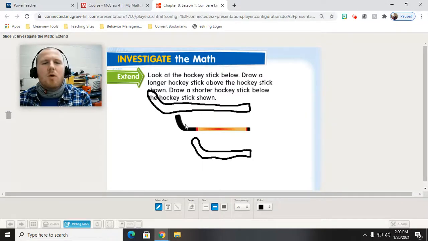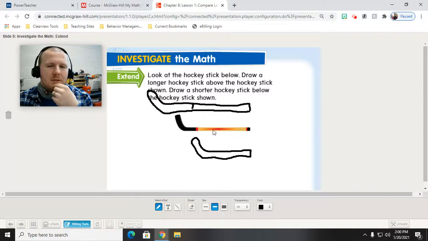Okay, so we have 3 hockey sticks now. This one in the middle, we can't say it's medium. I mean, we can, but that's not how we're talking about length. So if we're talking about grab the longer hockey stick, well, I'm going to grab this one. Then it says grab the long hockey stick. Well, we can't really tell which one's long.